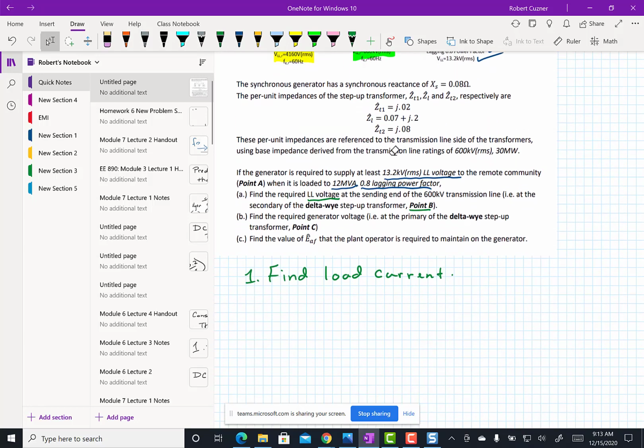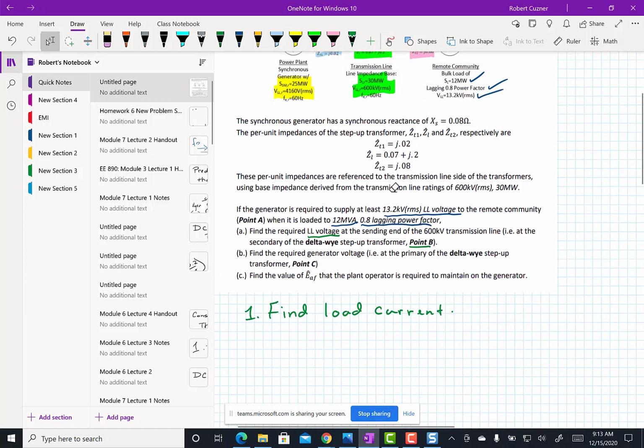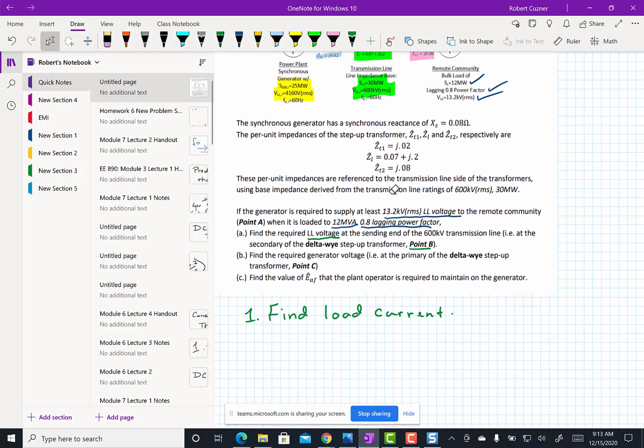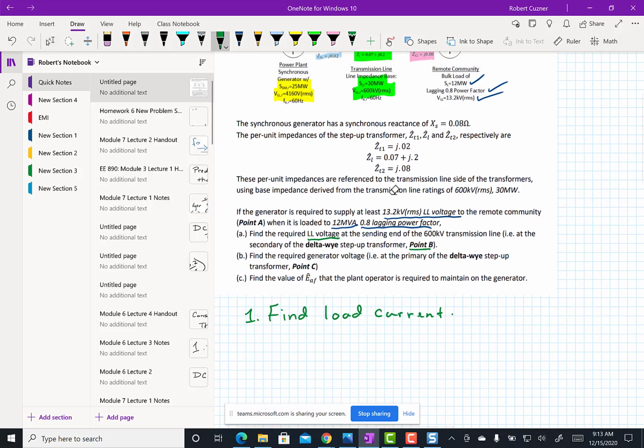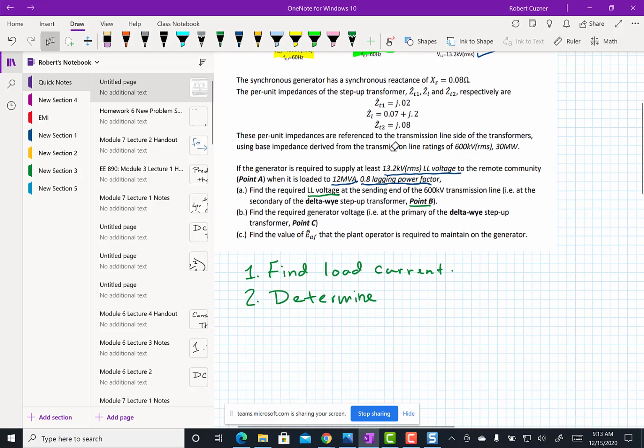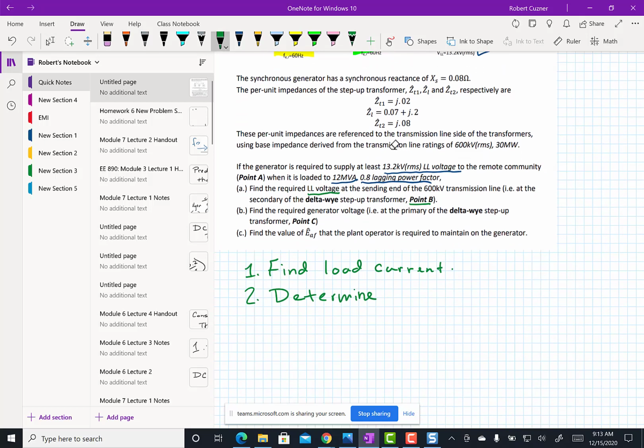We're going to have to do a per phase line to neutral equivalent circuit. So basically, we need to determine the point of reference to solve the line to neutral circuit.